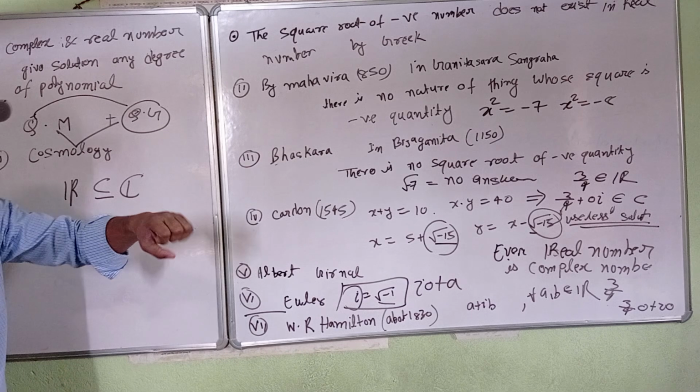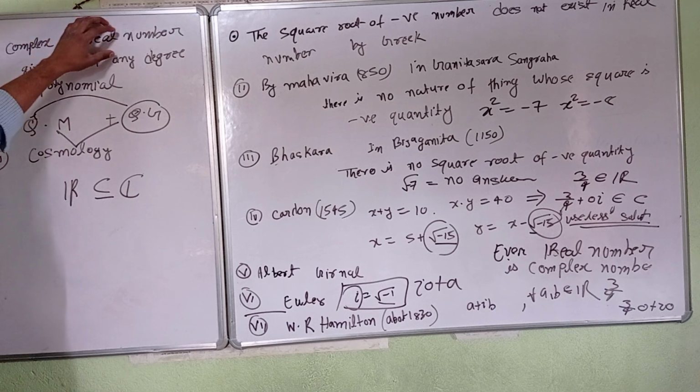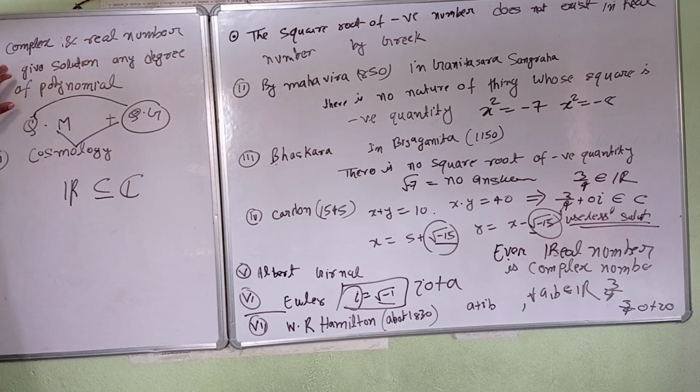If you have a bag of real numbers and complex numbers and you want to find the solution of a polynomial equation of any degree, then you can easily find it. If you have no complex numbers, it's very difficult to find the solution of a polynomial equation of any degree.